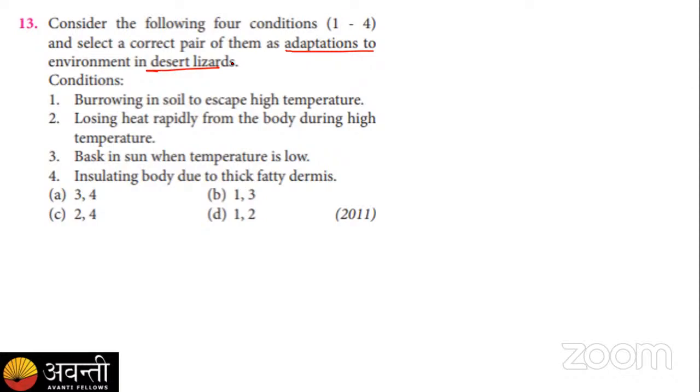You have to find out two statements which are correct regarding the adaptations of the desert lizard. Give your answer as fast as possible.